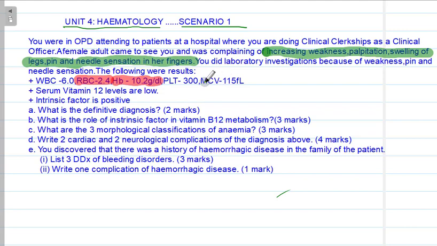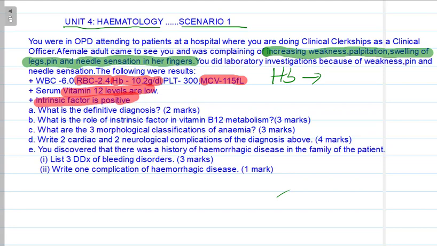Platelets are okay, the MCV is high, and then the other problem that we have there is the vitamin B12 is low, then the intrinsic factor is positive. So this is what we're going to concentrate on. We have seen that we have the HB having a problem.